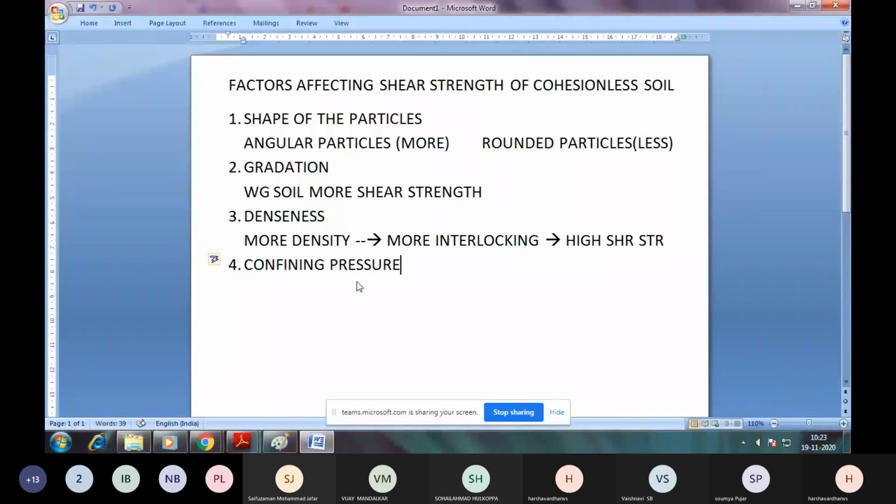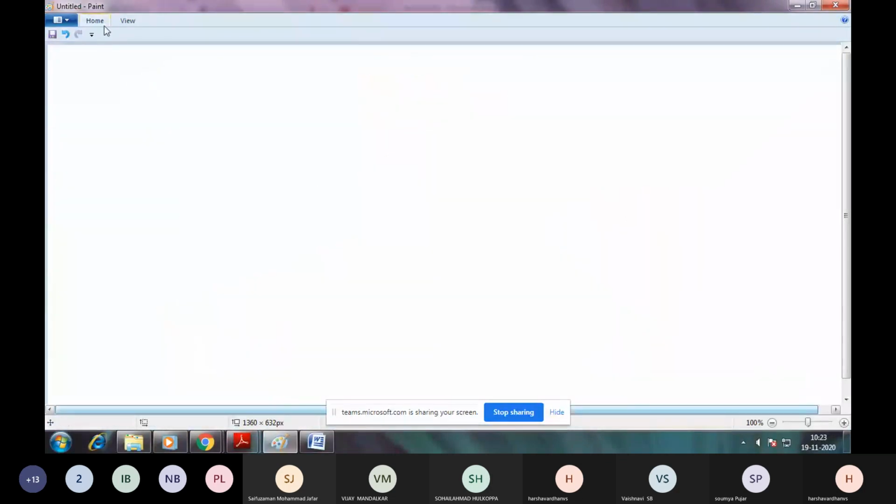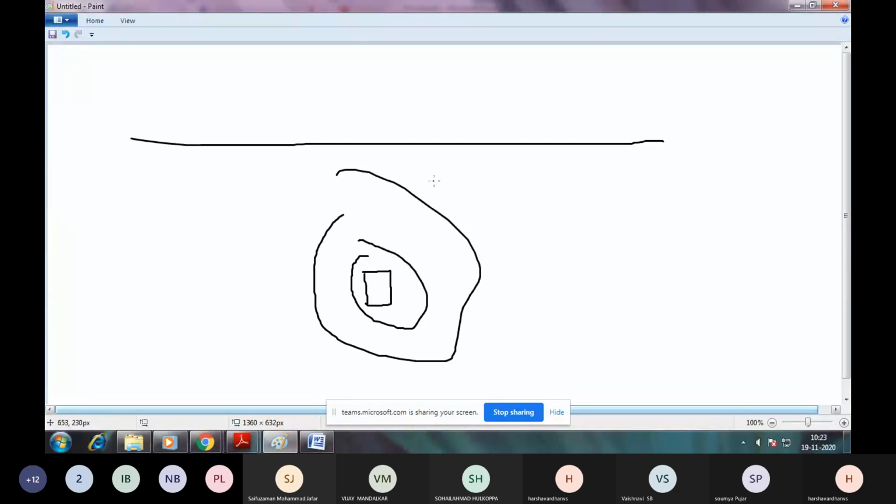Confining pressure meaning if you take a soil mass and consider a soil element, is it free on all sides, or is it confined by soil particles, surrounded by soil particles from all sides? This single element of soil is surrounded by soil particles in all three directions.